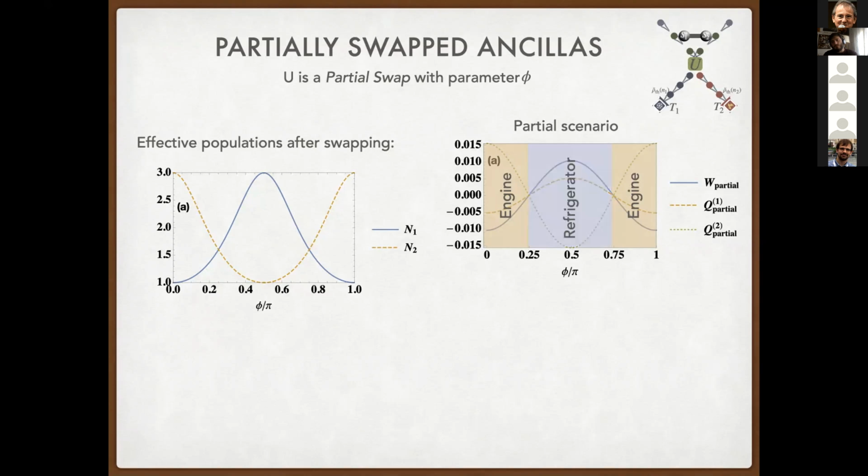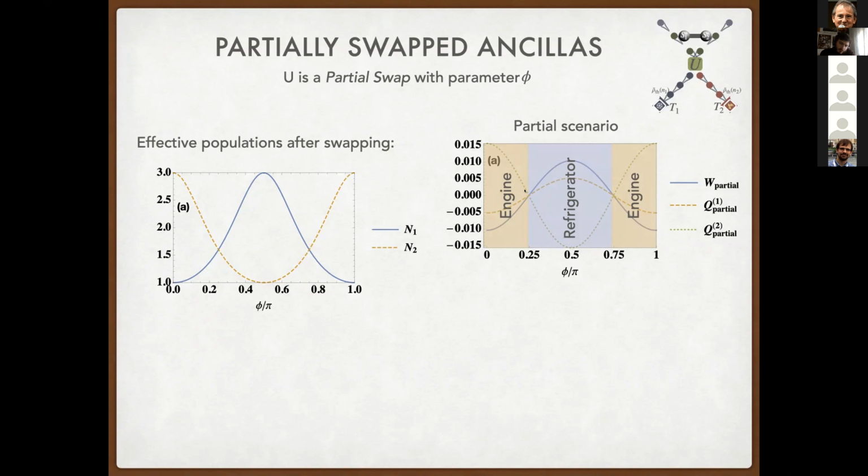And when phi is above pi over 4, everything changes sign. All the currents change sign and the work becomes positive, which means it is actually injected into the system. And the heat Q1 also becomes positive, which means heat is extracted from the cold bath. So that corresponds to a refrigerator.